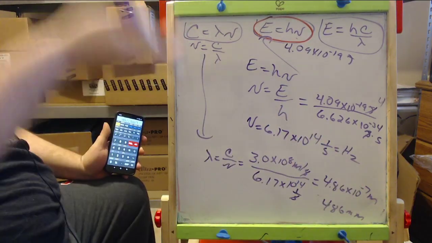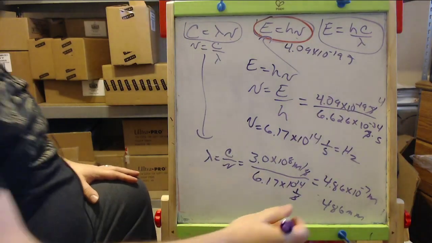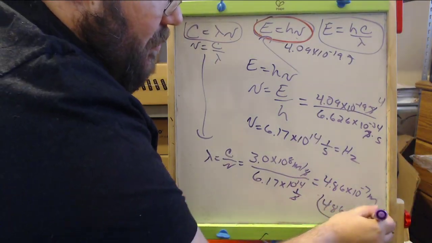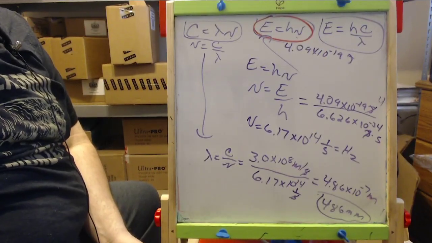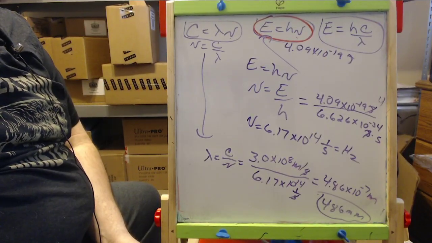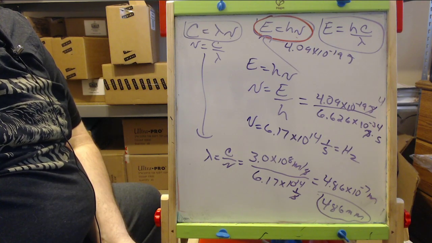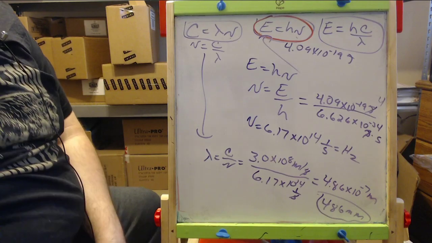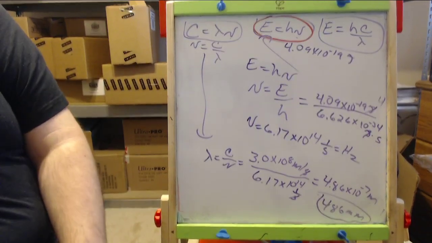So this transition, I know I'm absorbing, but if I went down from 4 to 2, I would release a color around 486. And that should be in the blue region, 486 nanometers, blue, indigo, violet region.